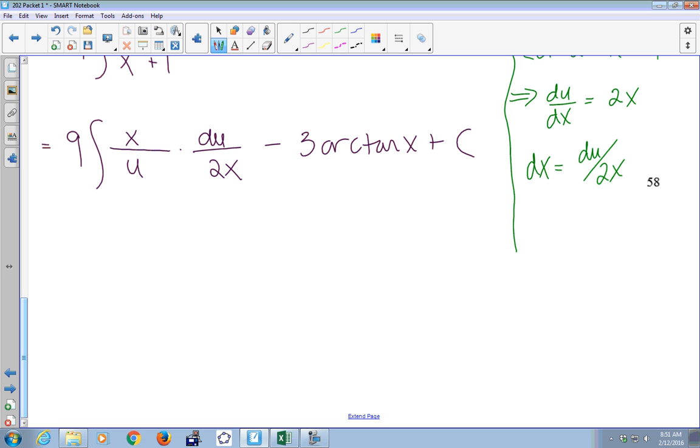What do you notice about the x's here? They cancel. So 1 on the top, 1 on the bottom, the x's cancel. I have a 2 in the denominator. It's a constant, so I can pull it right out of the integral. So this becomes 9/2, and the 2 stays in the denominator when you pull it out, so it becomes 9/2 times the integral of 1 over u du.